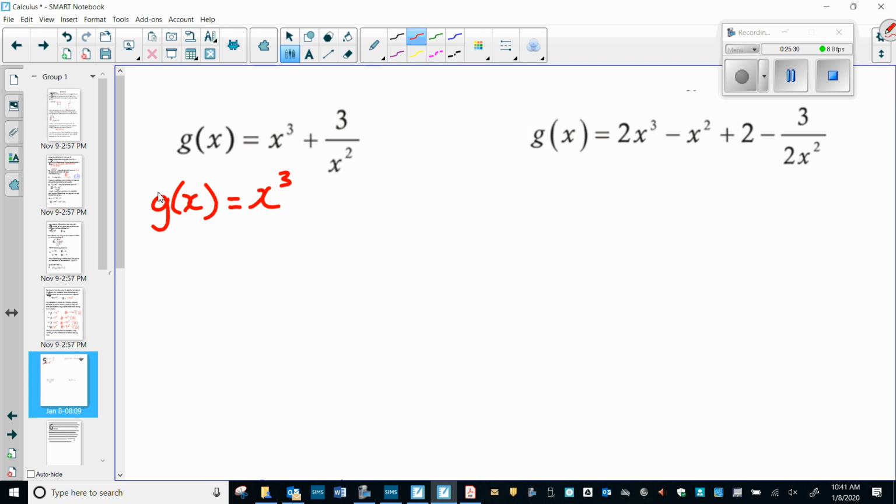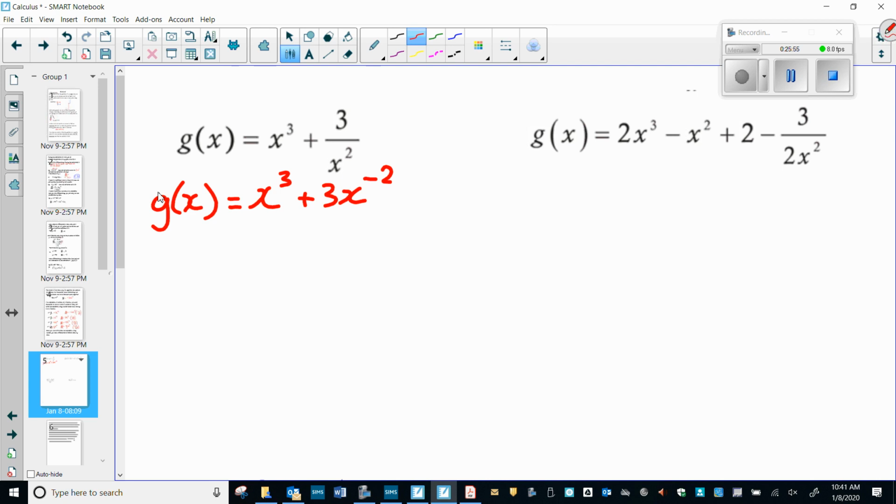You would do 3x to the power of -2. Yes, awesome. Okay. Now, I don't want to say this to confuse you, but again, I have seen it too many times. Please don't start differentiating until it's rewritten.